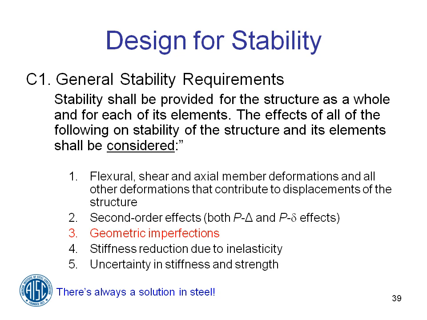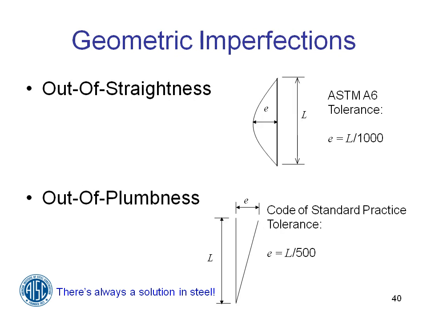Now, how about geometric imperfections? There are two geometric imperfections that we have to account for, out of straightness and out of plumbness. The ASTM A6 tolerance for out of straightness of a column is the length over 1,000. This is already incorporated into the strength provisions of the specification and has been.